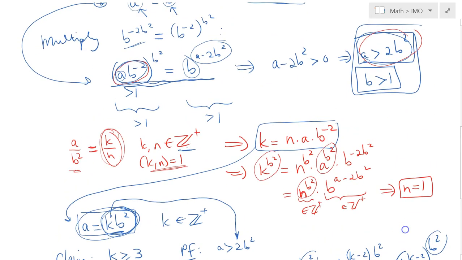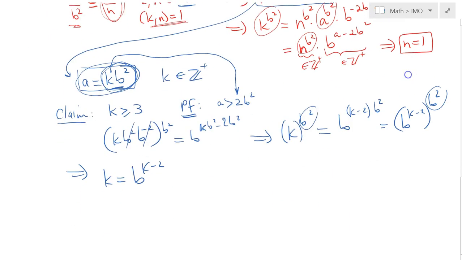But we know from earlier that b is greater than or equal to 2. So that would eventually cause a problem, because this is again an exponential form, versus this side, the left hand side, which is just a polynomial of the first degree in the variable k.